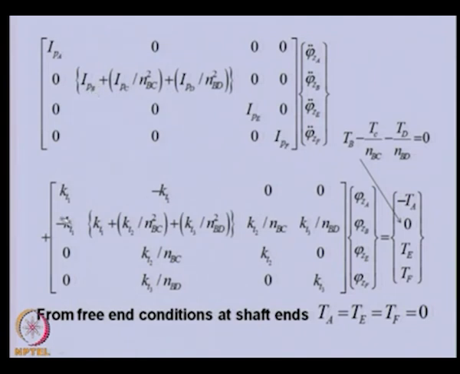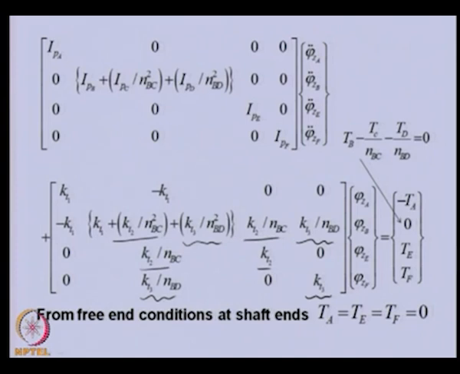You can see the first 4 terms correspond to element 1, then these terms correspond to the second branch, and these correspond to the third branch.